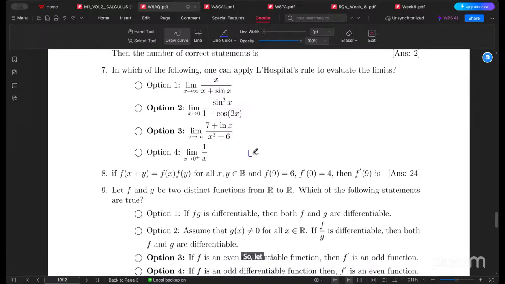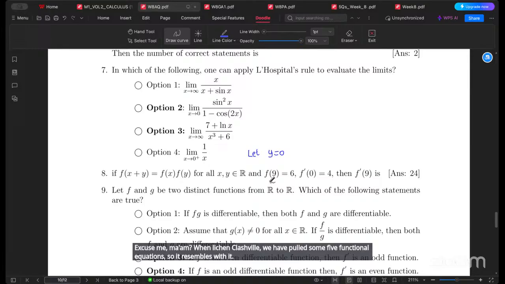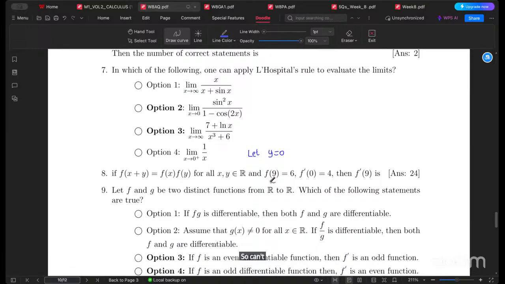Ma'am, in class 12 we have done some functional equations, so it resembles that. Can't we assume f of x equals e to the power x? Yes, there is some logic behind that, but here we have another way of doing it.